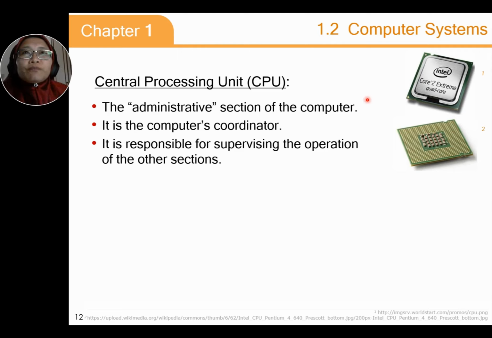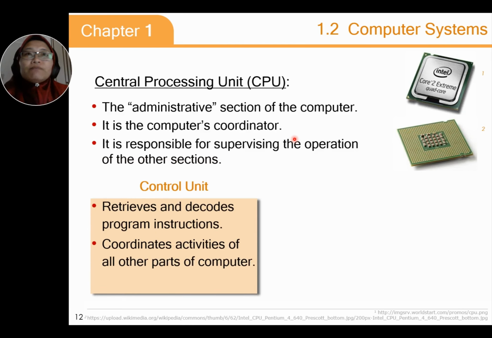For a CPU, remember CPU is made up of two parts, right? The CPU is the administrative section of the computer, and it's the computer's coordinator. This is where the brain is, to coordinate, to process things.